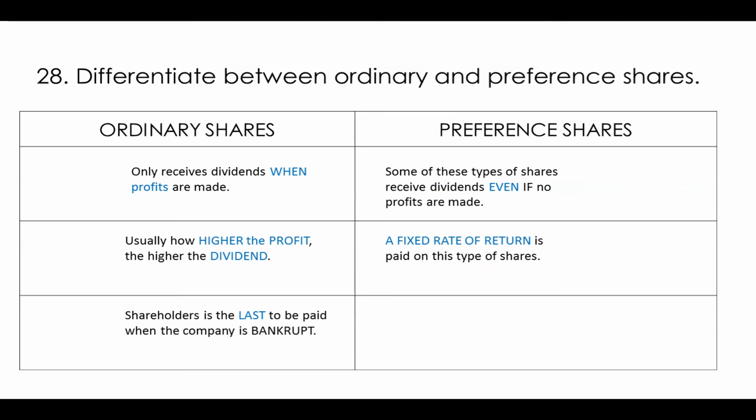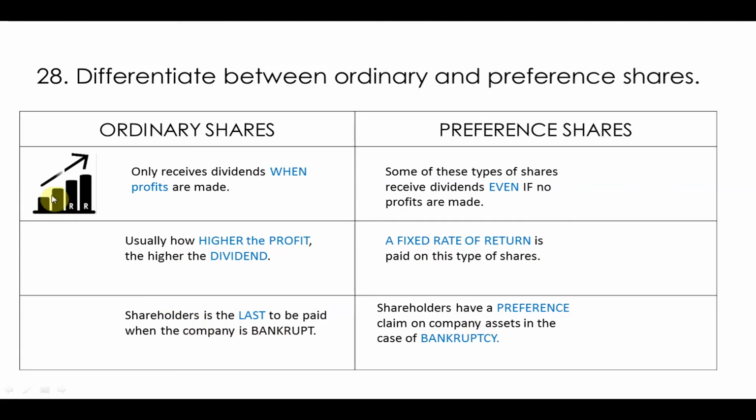They're going to get exactly what they get every year. However, when a bad year comes along, you're crying and they're smiling. Last one. They can claim some money when the company goes bankrupt. There's still a few people ahead of them, but they are definitely ahead of our ordinary shareholders, so they probably see some cash back if a company had to go bankrupt.